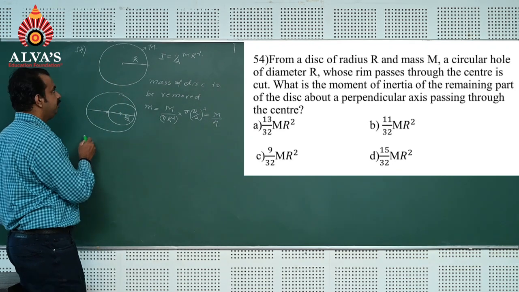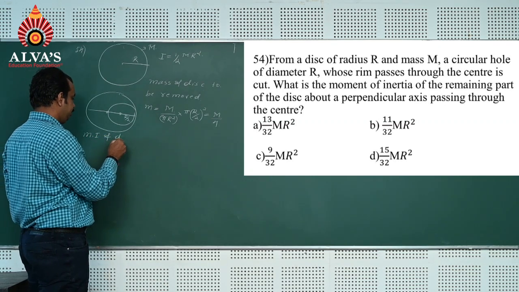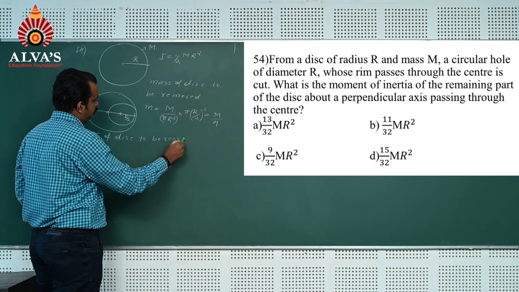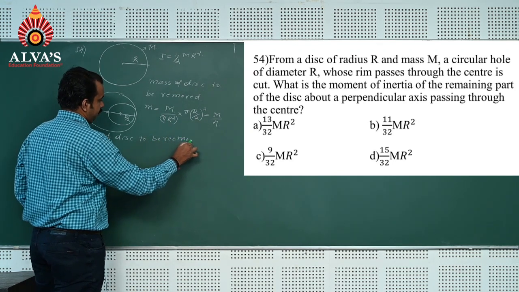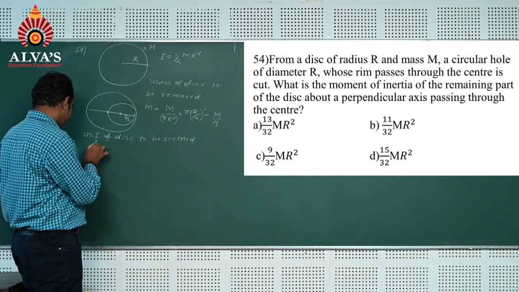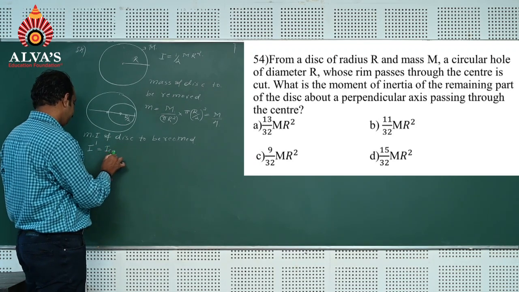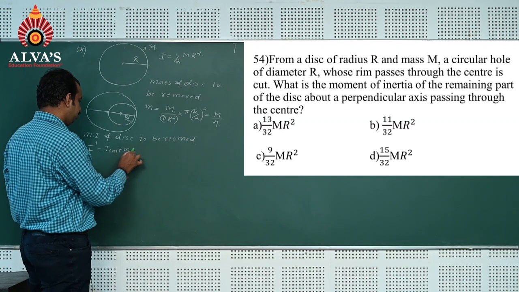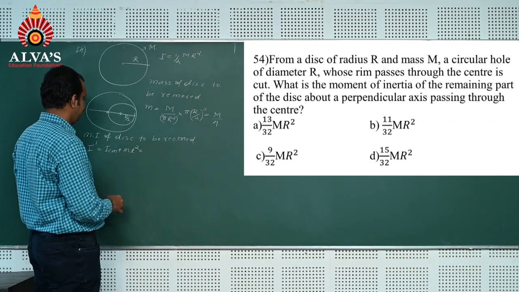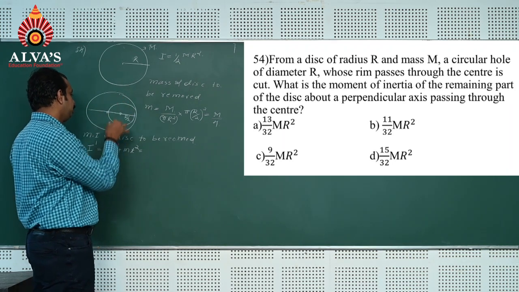Now the moment of inertia of the disc to be removed, I take as I dash. I dash is equal to I CM plus m x square, where I CM is the moment of inertia of the disc about the axis passing through its center.